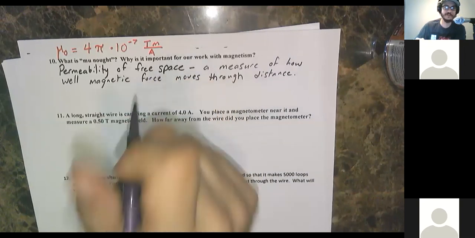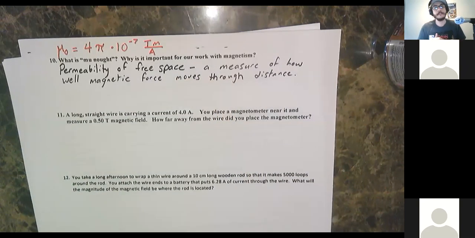Why is it important for our work with magnetism? Because it is the limiting factor for how well a magnet can work in this universe. If we had a universe with extremely low permeability of free space, then most of our magnets would not work very well at all unless you were right up on them.